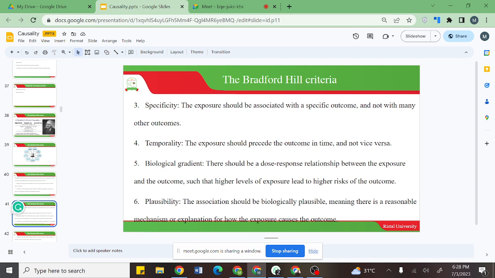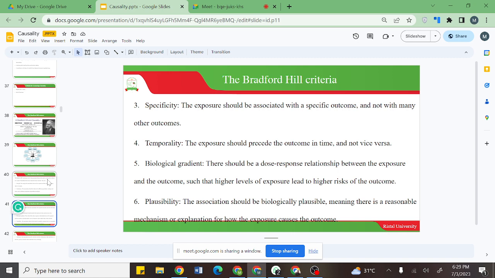If the lung cancer was there by the time the person started smoking, the person had lung cancer, so you cannot say that the smoking was the cause, because the lung cancer was there before.